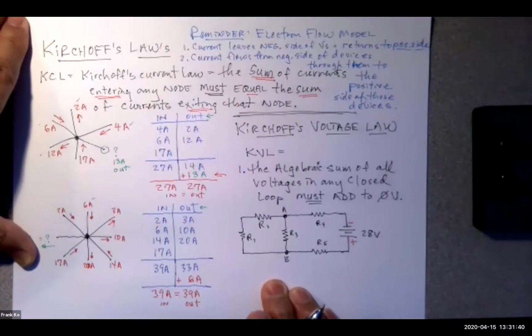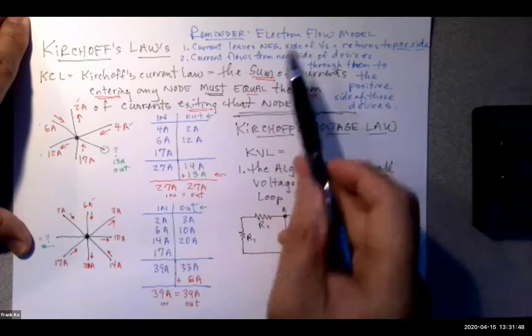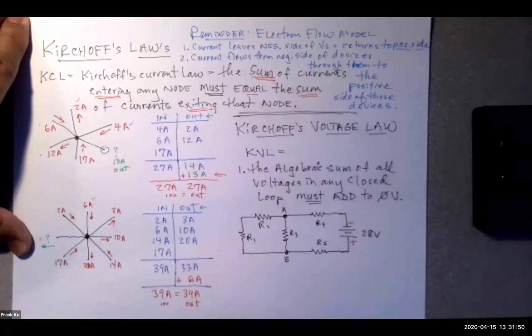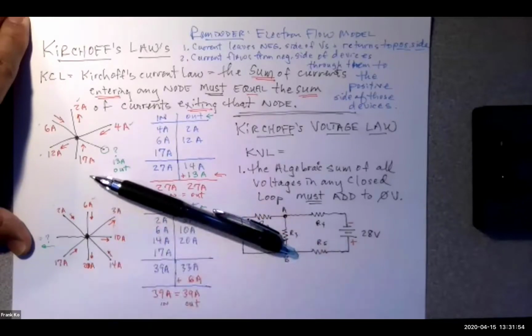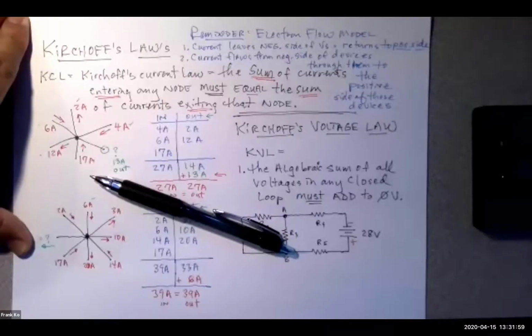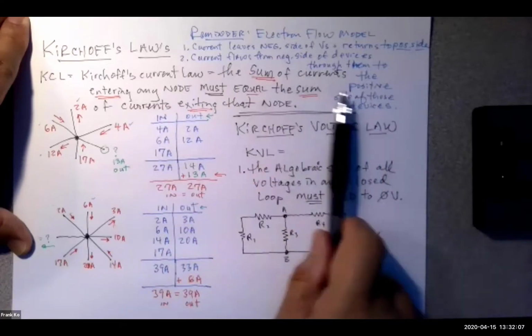We mentioned this way back in week 1 and 2 of our semester about the electron current flow model, because the alternative to the electron current flow model has a name. Who remembers the alternative current model? Anybody? Conventional? Very good, Christian. It is conventional current flow. And conventional current flow is completely opposite of all of this.